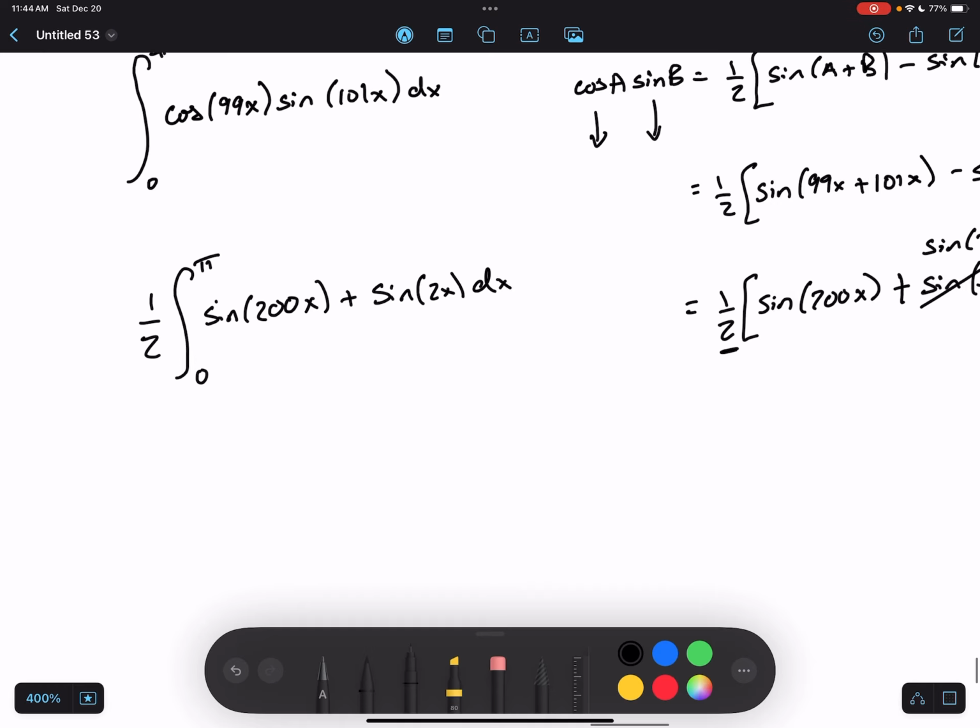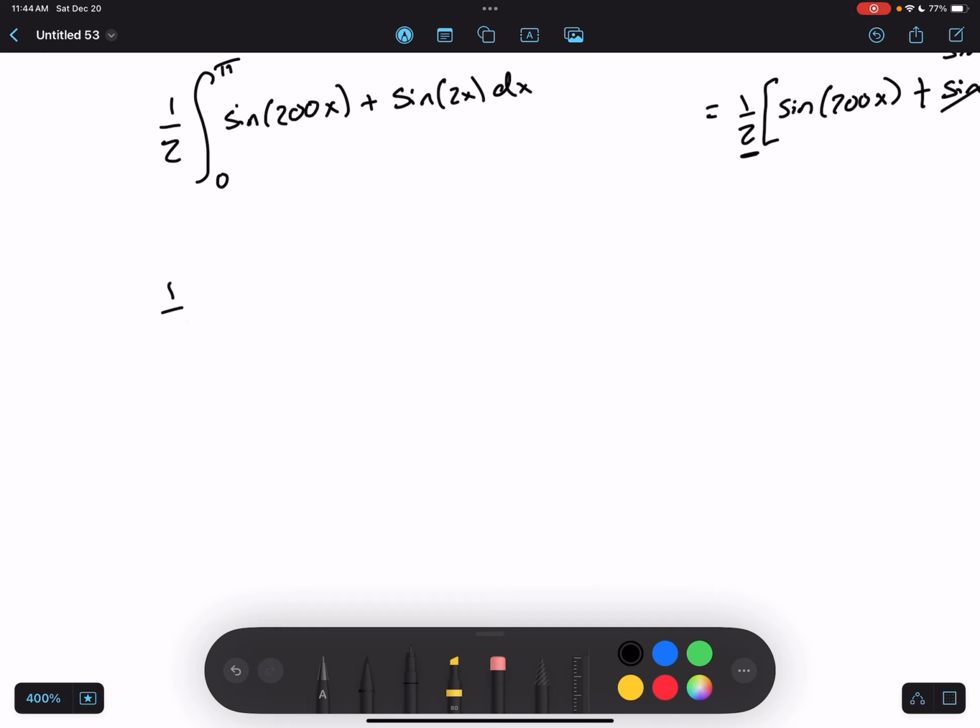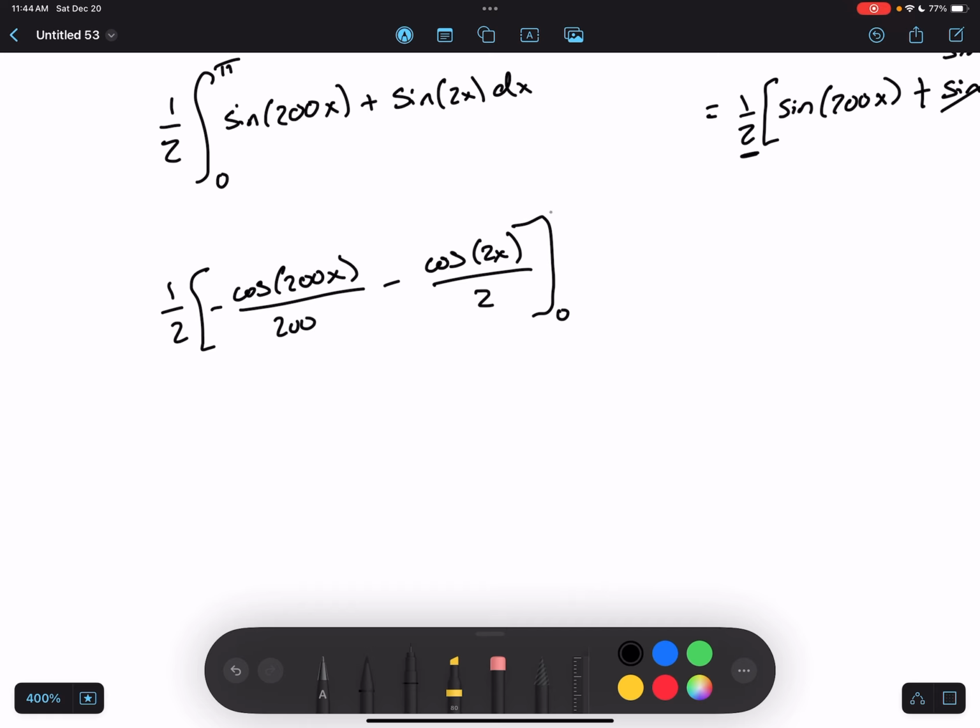And so now, integrating this, we have 1/2 times, and the integral of sine 200x with respect to x will be negative cosine 200x over 200. And then the integral of sine 2x with respect to x, of course, is negative cosine 2x over 2. And we'll evaluate this from 0 up to pi.